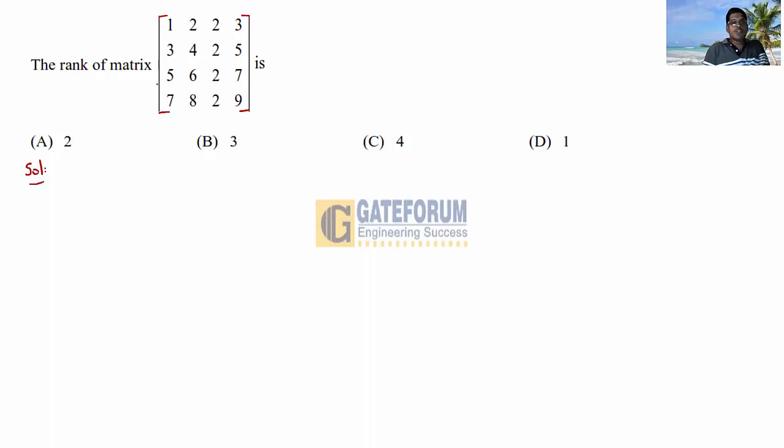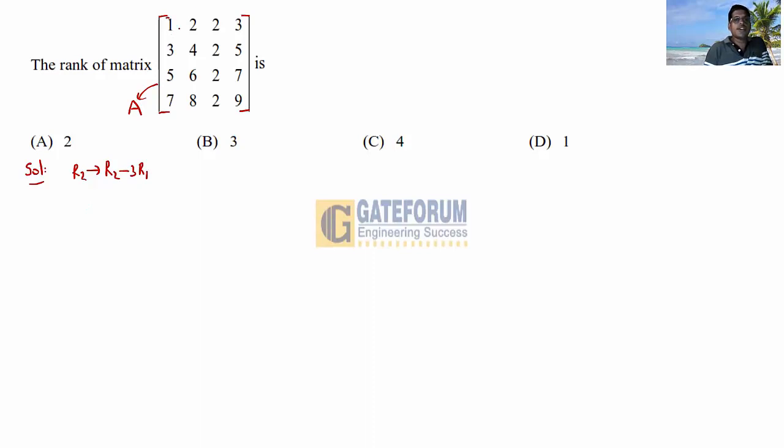So let us denote this matrix by A. Reduce it into row echelon form, then the number of non-zero rows is called the rank of a matrix. That is, in row echelon form, the elements below the diagonal are 0. By using row operations, applying R2 changes to R2 minus 3R1.